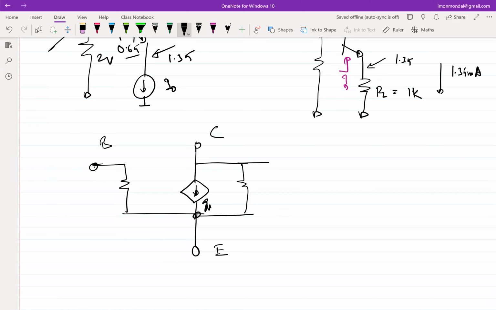So this is gm, this is r pi, this is some rce.